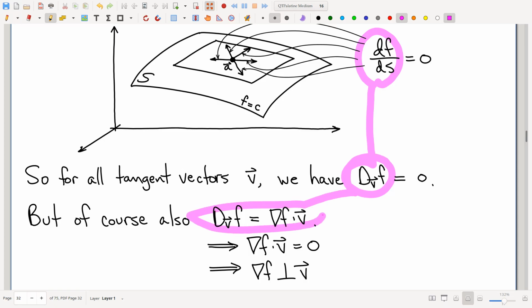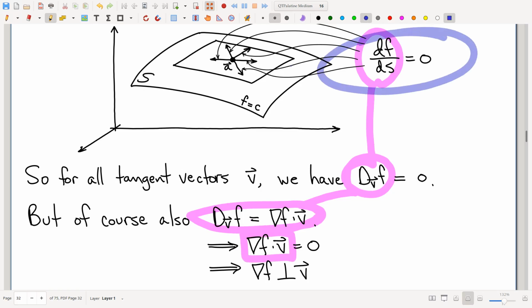Directional derivatives are computed with dot products, and so if I know that df/ds is 0, that tells me that that dot product is 0. Let me pause on that for a second. We argued that df/ds is 0: when you're at a point and moving tangent to the surface, the rate of change of f is 0. Now we have that a dot product is 0 because that's what df/ds is. All right?